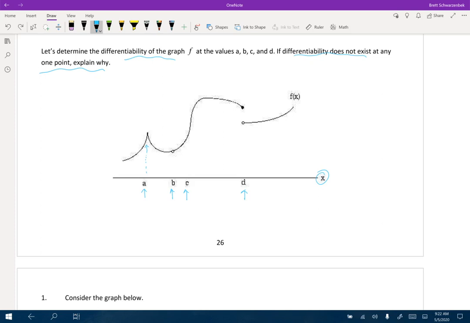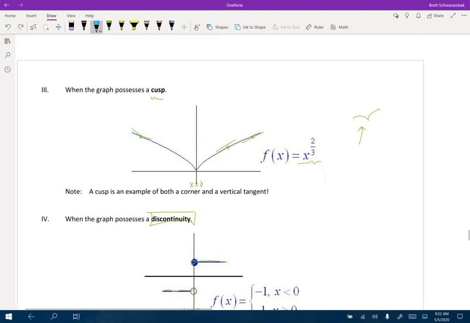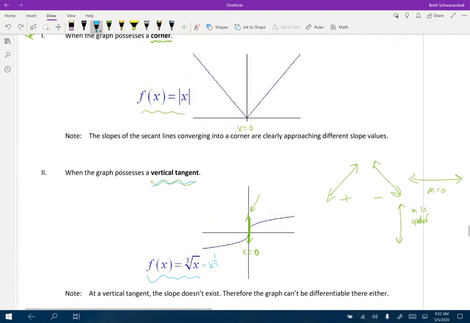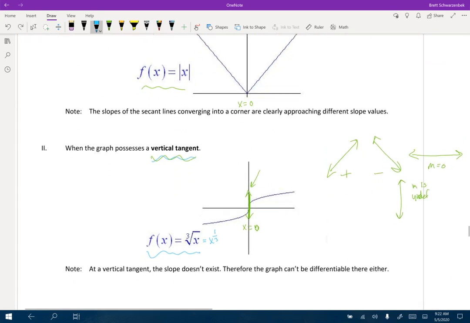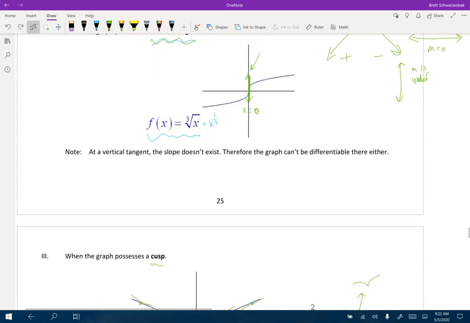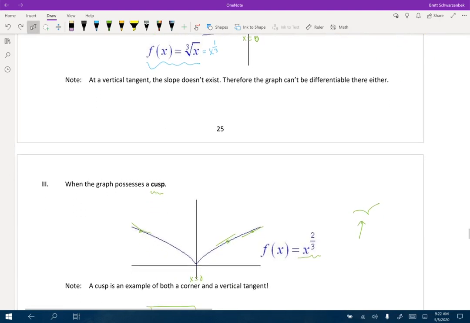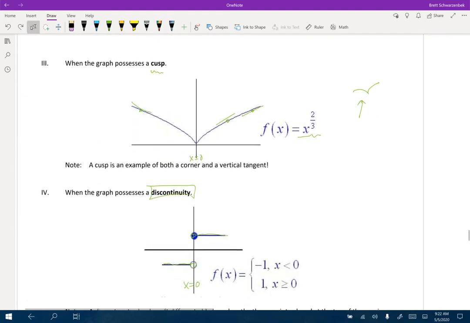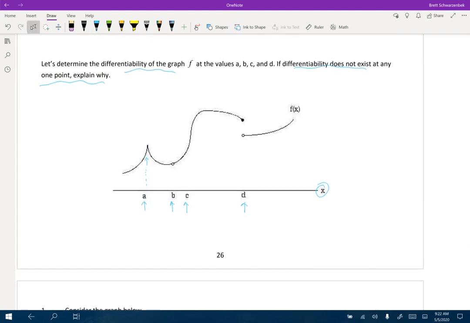So you go back and say, well, what does this graph look like? It doesn't look like a sharp corner. It doesn't look like any type of necessarily vertical tangent, though I'll explain why it might in a second. But it clearly looks exactly like a cusp. So the reasoning for why this is not differentiable is that it's a cusp.